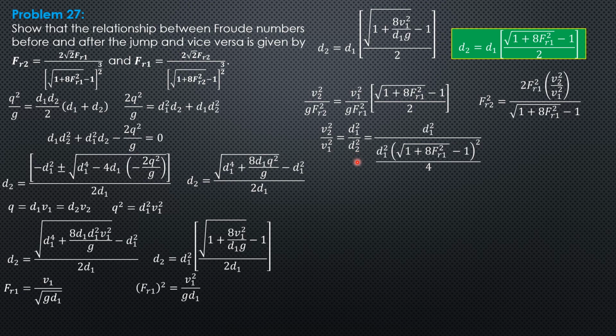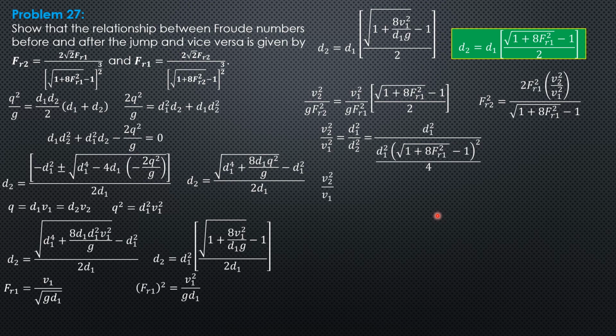Then it is also equal to d1 square, which we just copy, over d2 square. And d2 square is from this equation here. So if we square this, we have d1 square quantity square root of 1 plus 8 fr1 square minus 1 square, then over 4. So put 4 in the numerator.